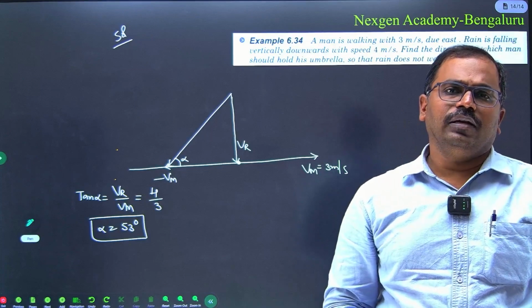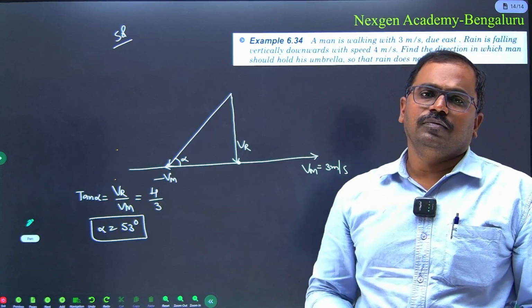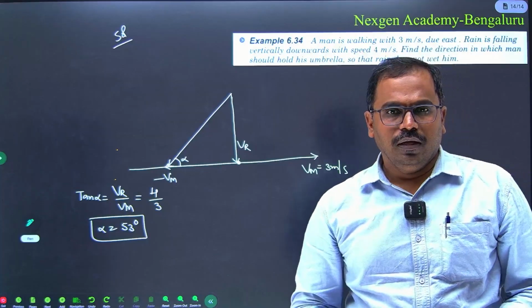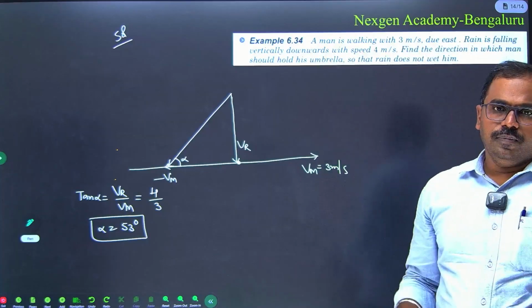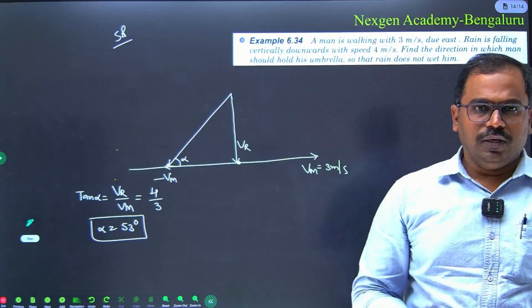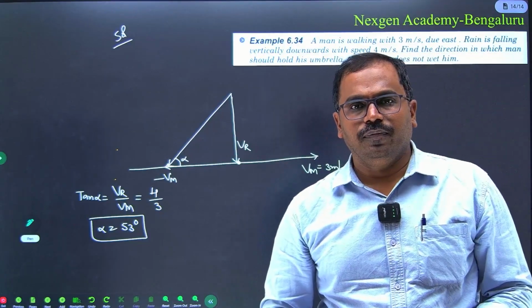Or with the vertical, automatically 90 minus 53, so at 37 degrees with the vertical, right? Clear? This is the concept of relative velocity in 2 dimensions. Thank you.